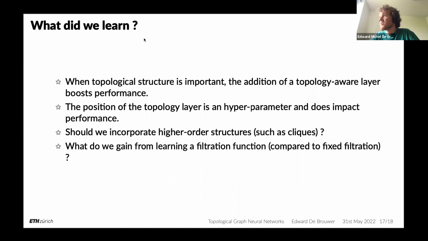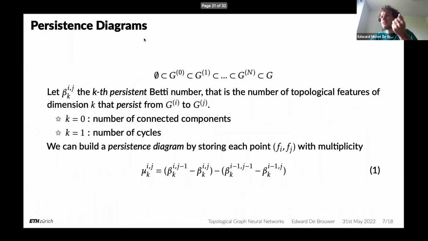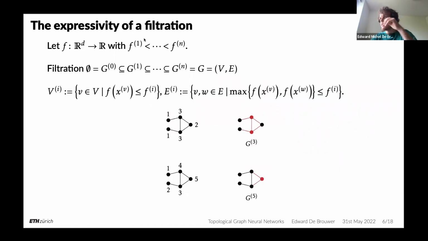Also, something that I forgot to mention, to help people build intuition about what this whole architecture and layer is doing: we define this filtration function that applies on each node of the graph. But you could see this function as basically all of the previous layers before the TOGL layer. Because you start with a graph that you input to your graph neural network architecture, and all of the GCN layers or whatever GNN layers that you use are going to update the node features of each of the nodes.